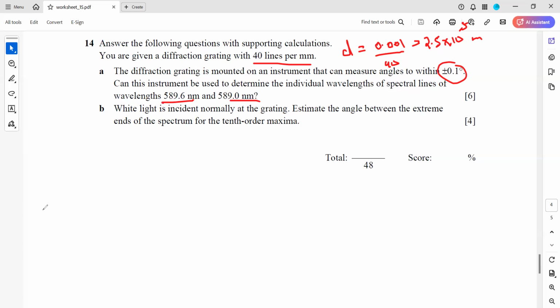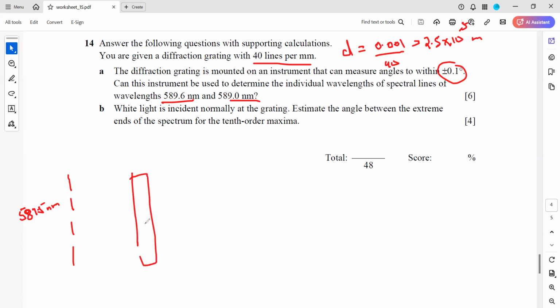First, we will use the wavelength 589.5 nanometers.